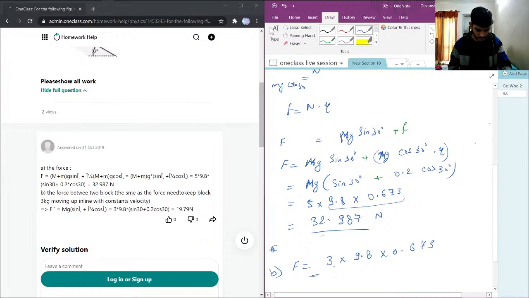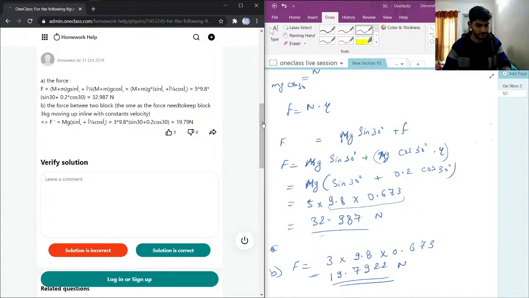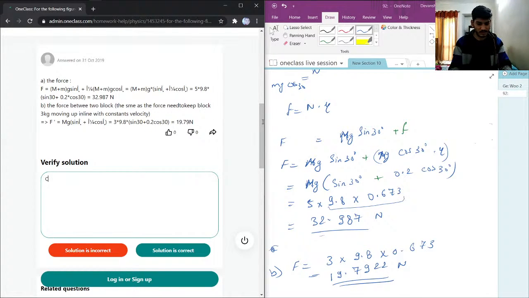This will be divided by, we get 19.79 newtons. So the solution given here is correct. Good work.